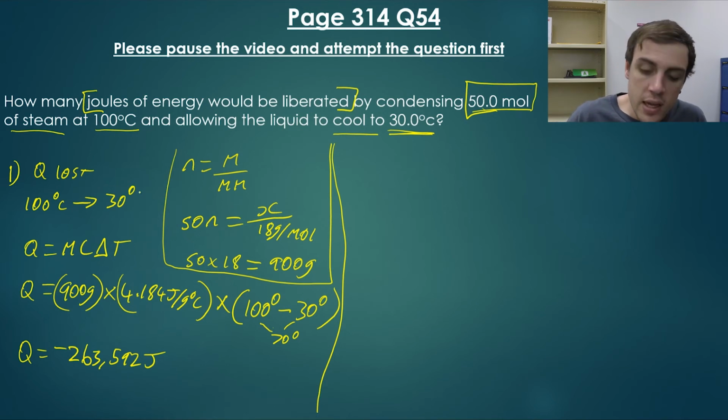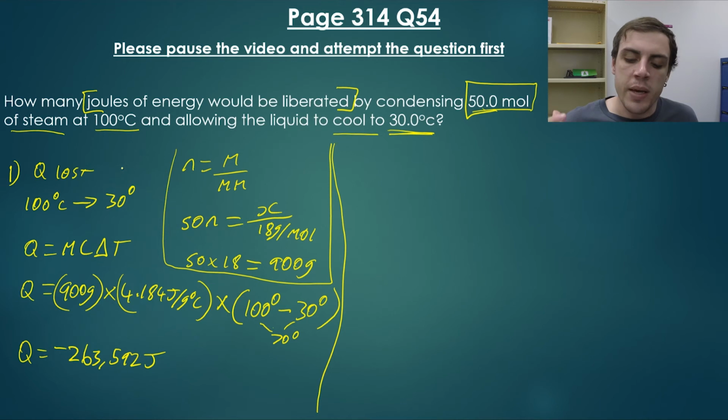Now, we've found how much energy or heat would be released by dropping the temperature from 100 degrees to 30 degrees. So now what we need to do is figure out how much energy is being lost from the heat of vaporization.